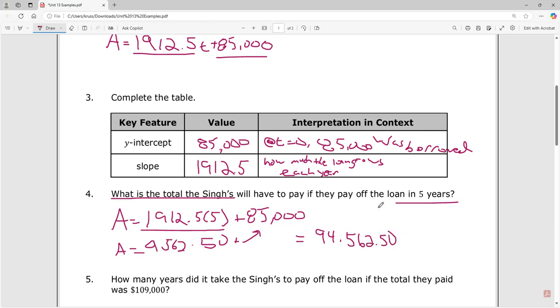So over a 5-year loan, the interest costs that many dollars per year over that many years added to the initial, and it's going to be that much total, right?